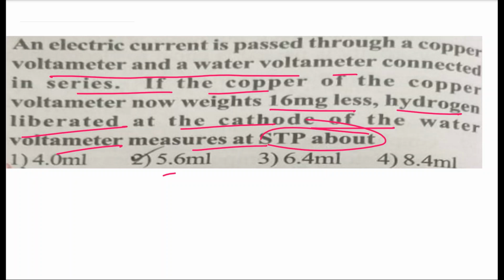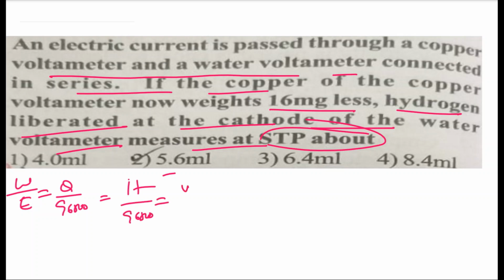Volume of H2, given or not, tell me. I already told you the sequence formula. W by E is equal to Q by 96,500, is equal to IT by 96,500, is equal to volume of H2 by 11.2, is equal to volume of O2 by 5.6. You take this as the sequence formula.